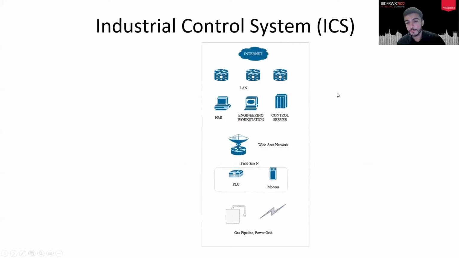All right, so an industrial control system is an integrated system which is all connected over the internet. These gas pipelines and power grids are the physical layer of the system. And these are connected through the field devices, the PLC and modem, and these act as an interface between the physical layer and the internet.